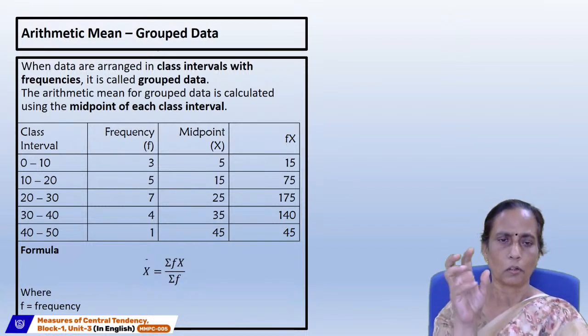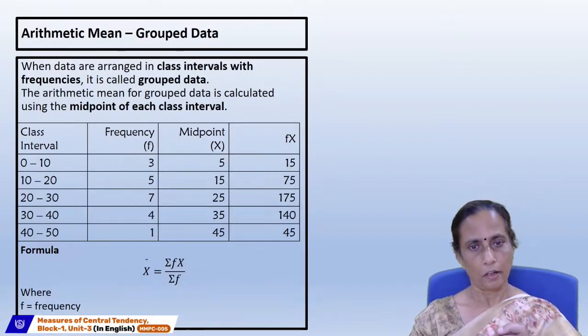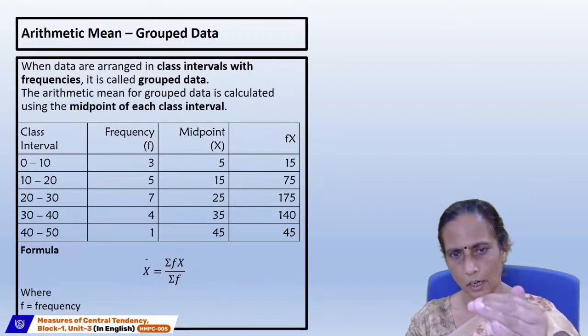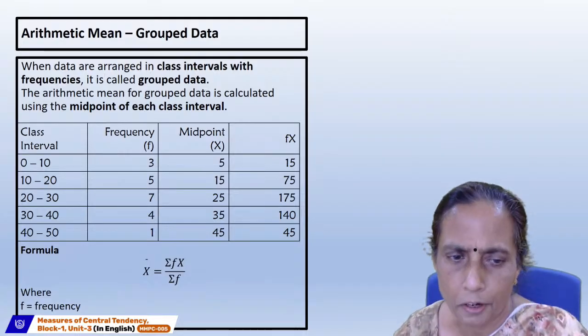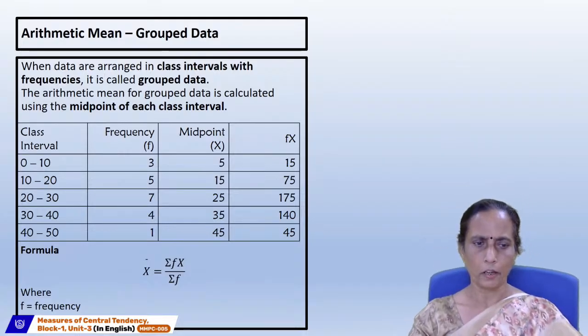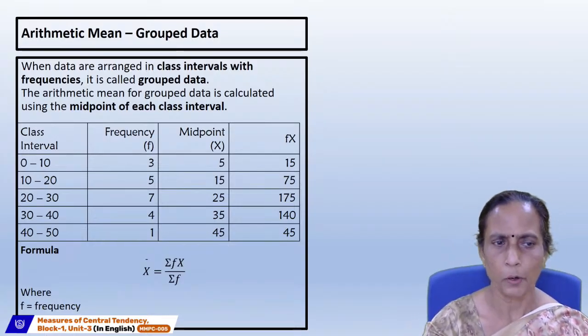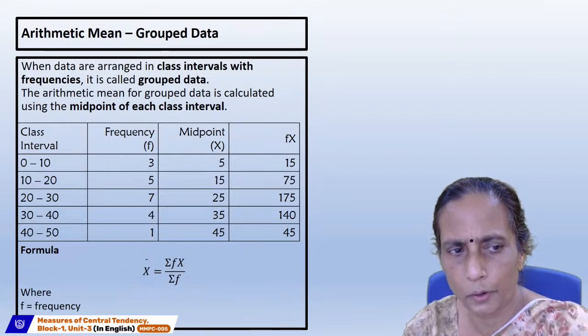So our formula says that summation of fx, that is frequency times the midpoint of the class interval, divided by the sum of the frequencies, that is the total number of observations. By midpoint, we mean for 0 to 10 the mid will be 5.